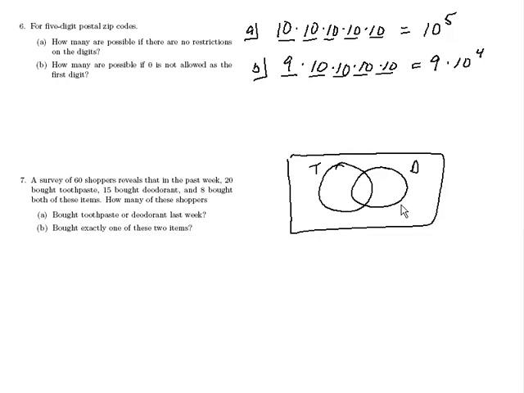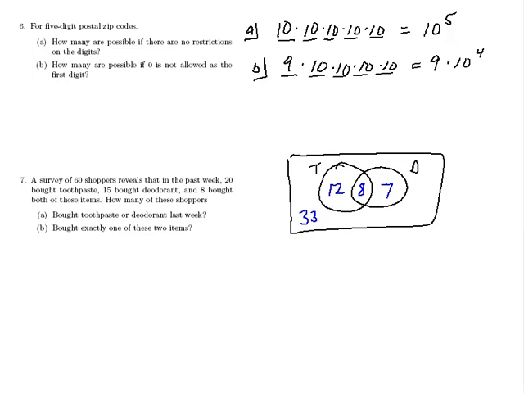We know that 8 people bought both, so that puts 8 in the middle. 15 bought deodorant, so that puts a 7 right here. 20 bought toothpaste, so that puts a 12 right there. We know there's a total of 60. Add that all together, subtract from 60, and you get 33.